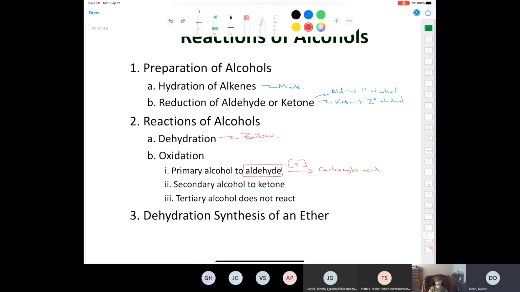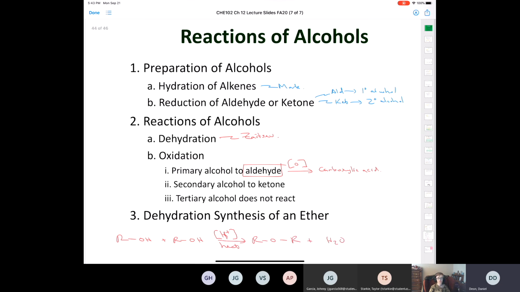We also talked about the dehydration synthesis of an ether. That's where you take two alcohols and you combine them with a catalytic amount of acid, and you heat that up. So I'll write down here heat, okay? And then you form an ether like this, plus you drive water from the reaction.